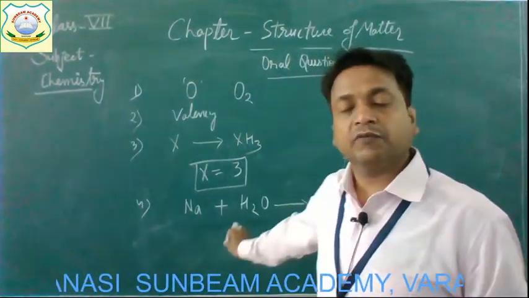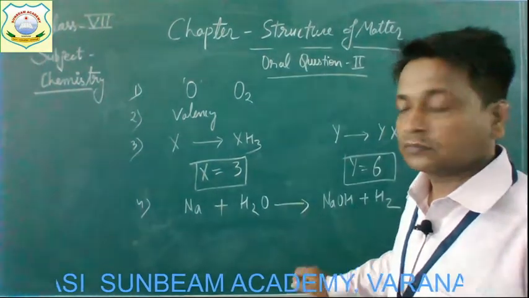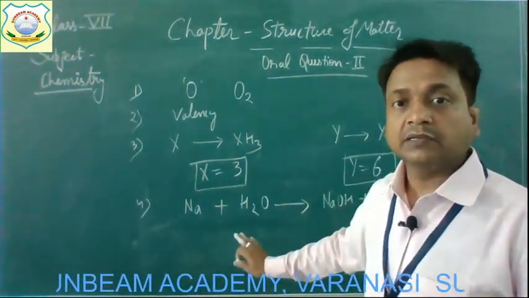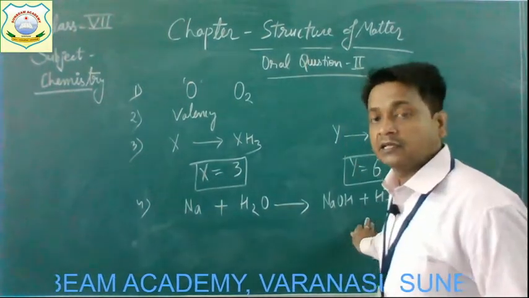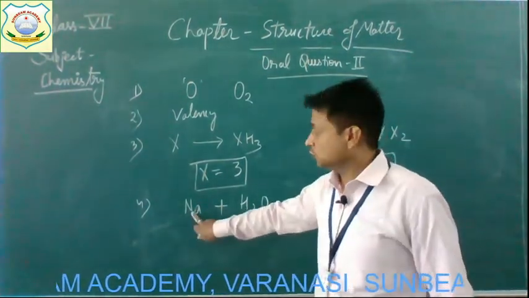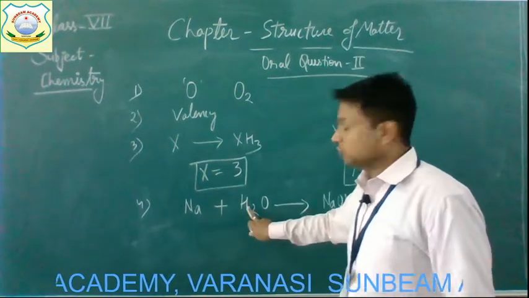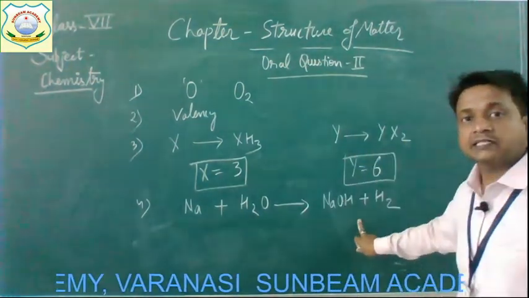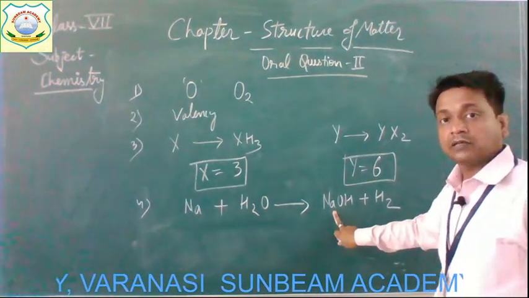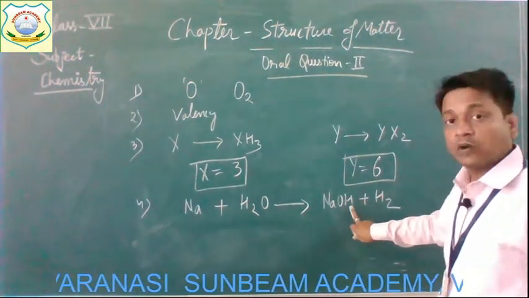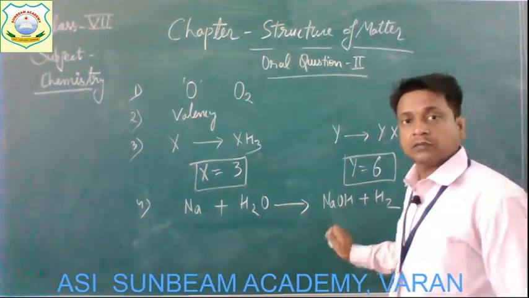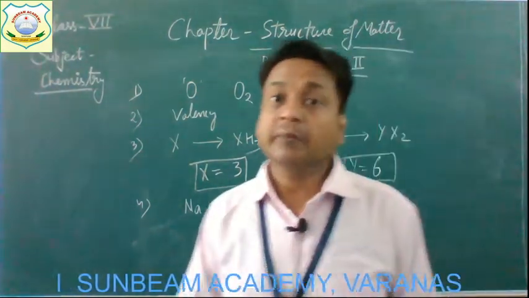First of all, find out whether it is balanced or not by counting the number of atoms of all elements on both sides, left hand side and right hand side. On the left hand side, sodium atom 1, hydrogen atoms 2, and oxygen atom 1. On the right hand side, sodium atom 1, hydrogen atoms 1 plus 2, that is 3, and oxygen atom 1. So this equation is not balanced.